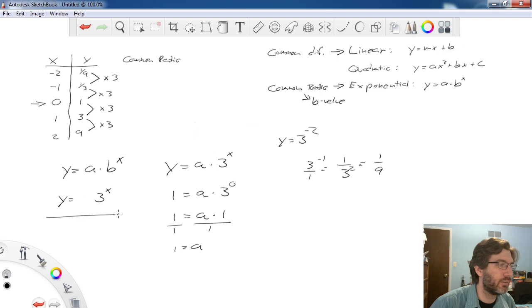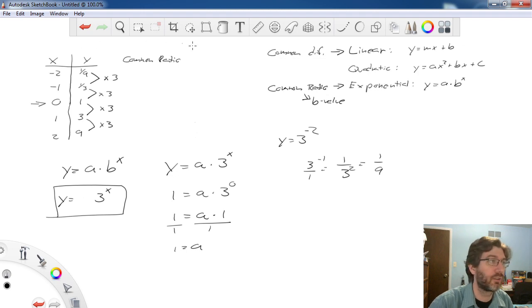So this here is going to fit our function. Again, common ratio, think exponential function. Common difference, think linear function. Your common ratio will be your b value, and you plug in a point to get your a value. And then you test some to make sure it's making sense.